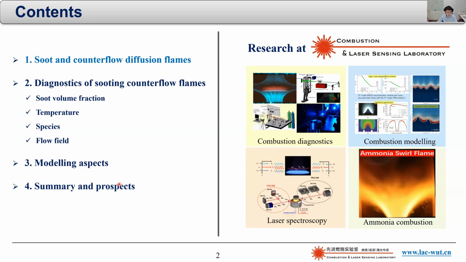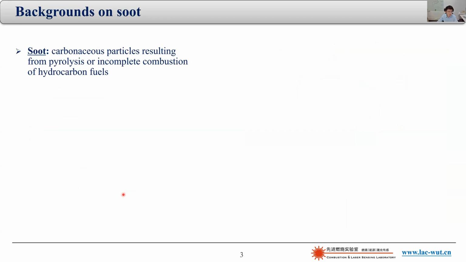First of all, some background on soot. Soot generally refers to the carbonaceous particles originating from pyrolysis or incomplete combustion of hydrocarbon fuels. There are a lot of good reasons to study soot. First of all, soot is a visible emission, so it's unpleasant to see and can cause public awareness.